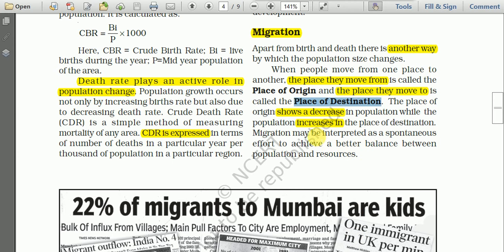The place of origin shows a decrease in population, while the population increases in the place of destination.